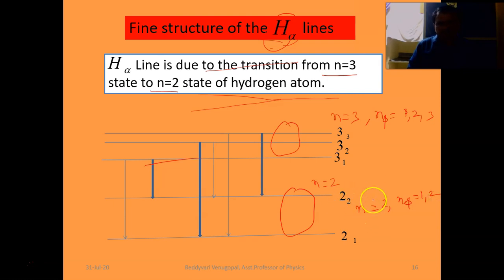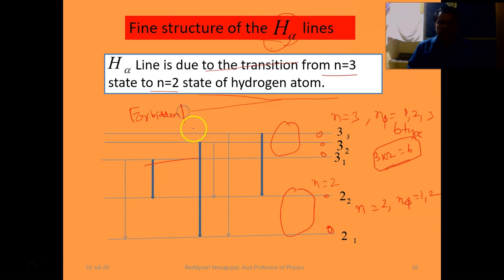So in this case, two suborbitals are there, and in this case three suborbitals are there. Here 6 types of transitions are possible, because 3 into 2 is 6 transitions, but some transitions are forbidden.